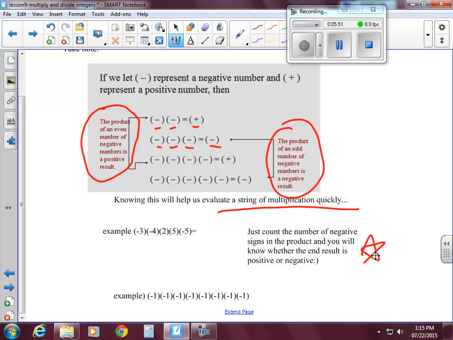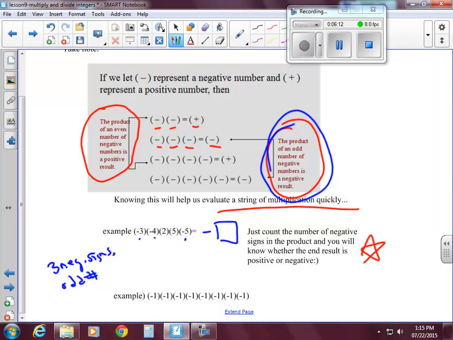So let's play with this one together. I see a string of multiplication. 1, 2, 3. I see 3 negative signs. Note to self, that's an odd number of negative signs. So I know from the get-go the end result is negative. Now all I have to do is focus on multiplying the absolute values of the factors themselves, the positive form of the numbers.